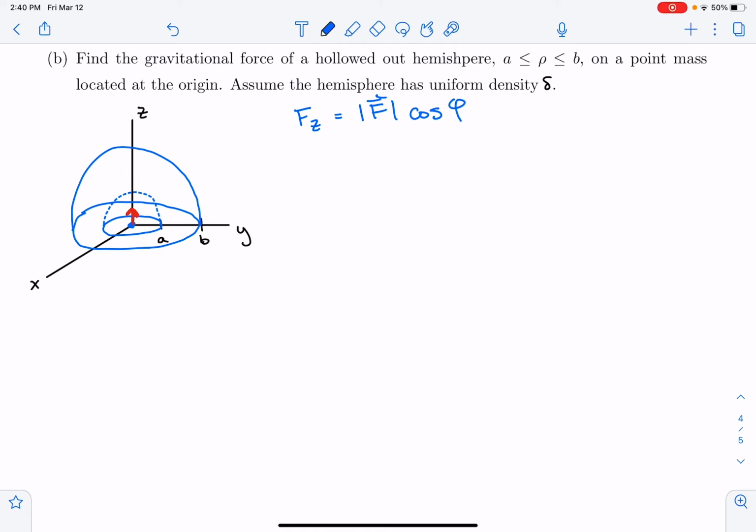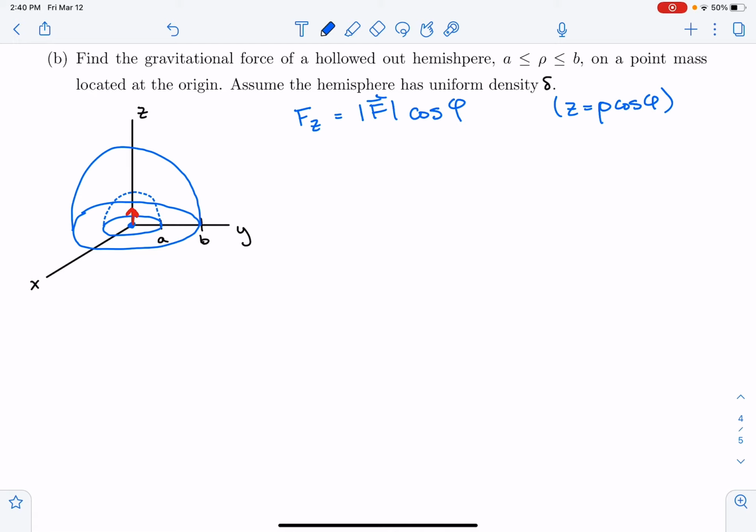You might remember that z equals rho cosine phi. So the force in the z direction should be the magnitude of the force times cosine phi. What we want to do is add up a little bit of force directed from all different parts of the hemisphere, and add all those up in order to get the total force exerted by the hemisphere.